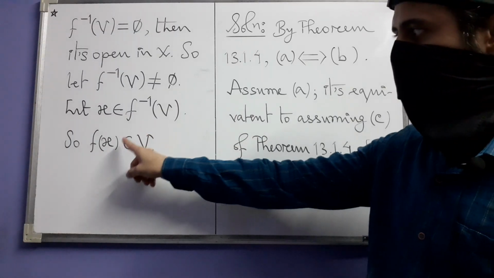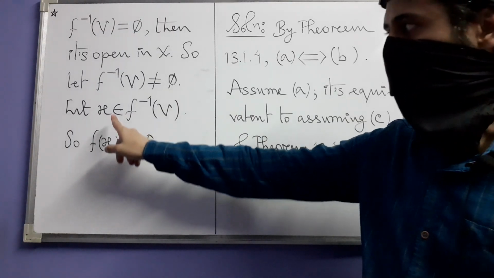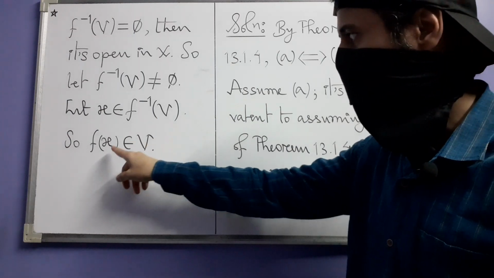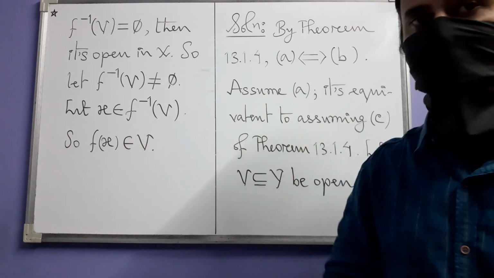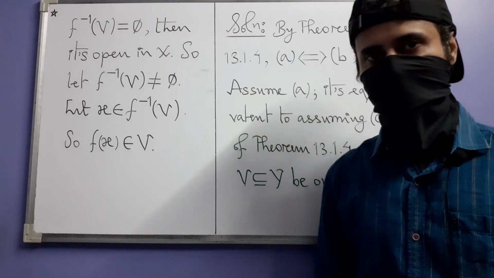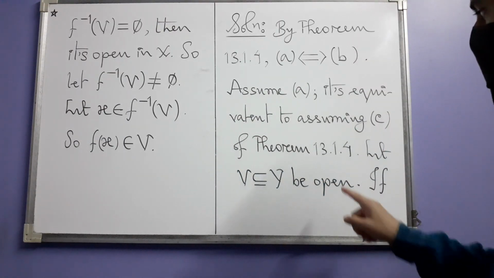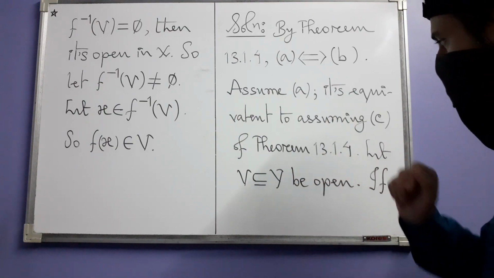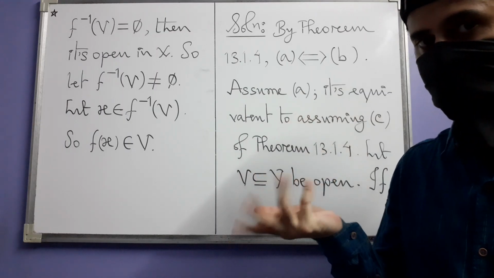If we manage to show this, then by a previous result, f inverse of V will be open. Now this of course means this: x belongs to the inverse image of V if and only if the image of x under f belongs to V. Now what can you do from here? Now you go back and see the statement C of theorem 13.1.4, what I said moments ago.